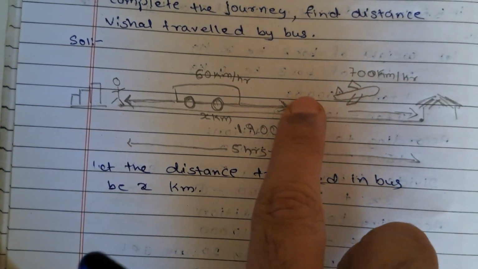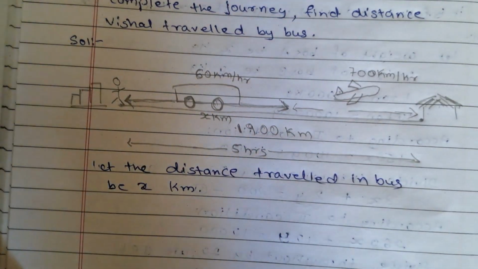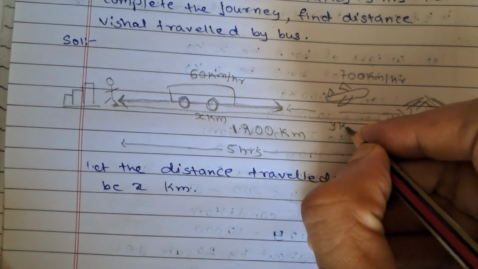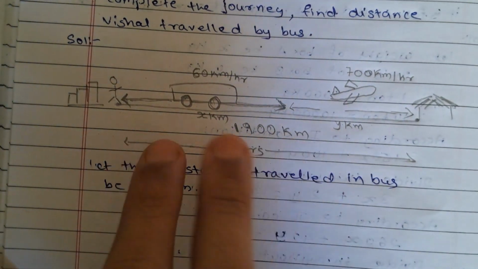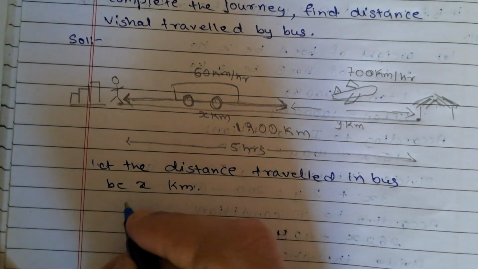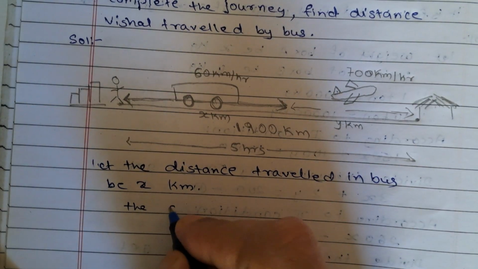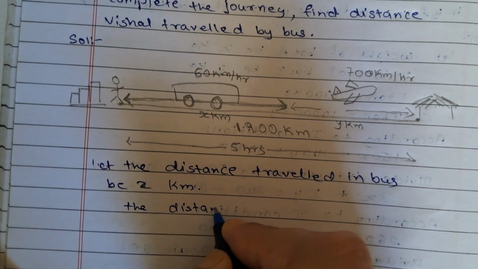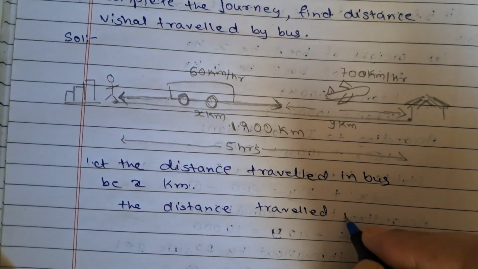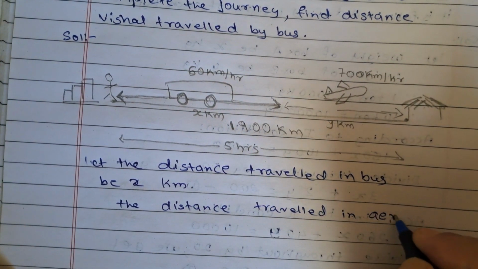Aeroplane. So let me say the path that he covered via aeroplane be y kilometer, just to keep the balance. This is x kilometer, then the other part should be y kilometer. So let the distance traveled in aeroplane be y kilometer.